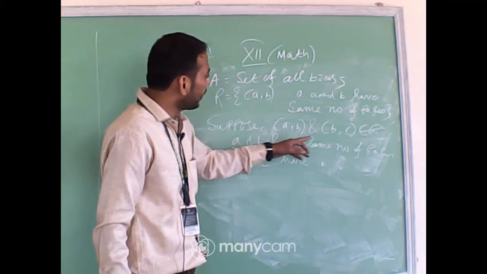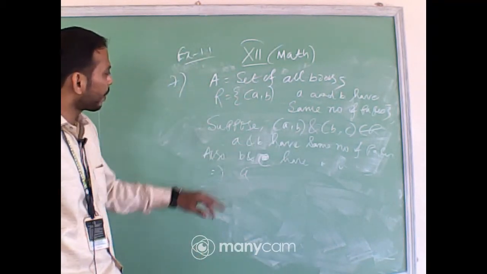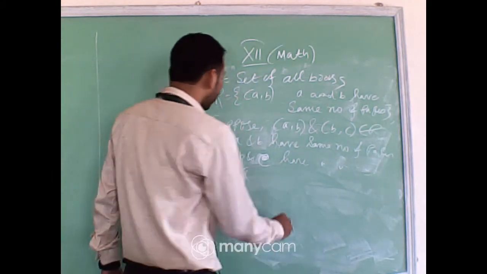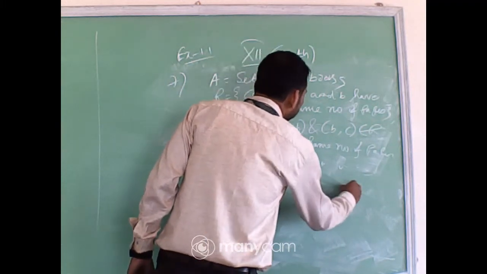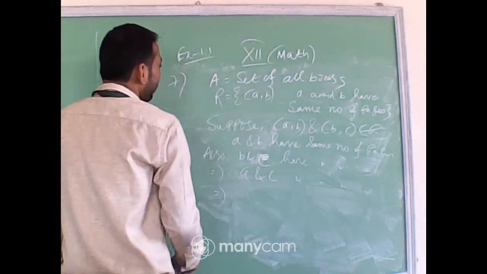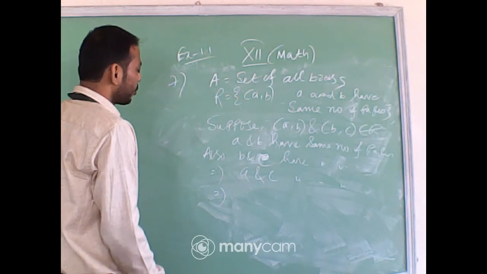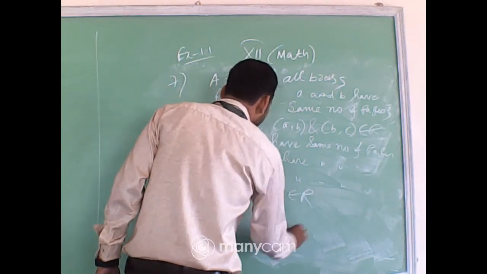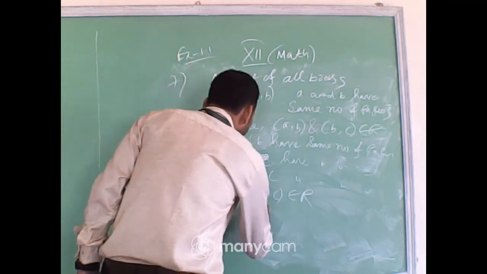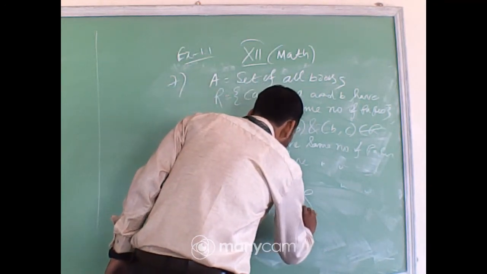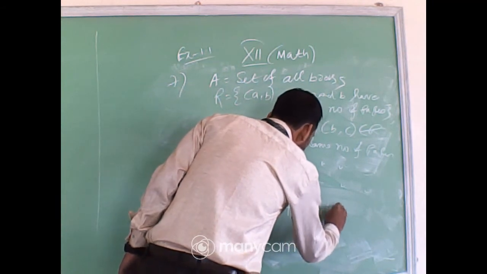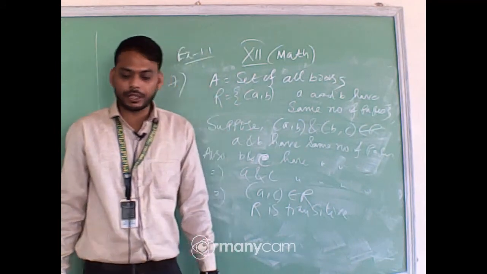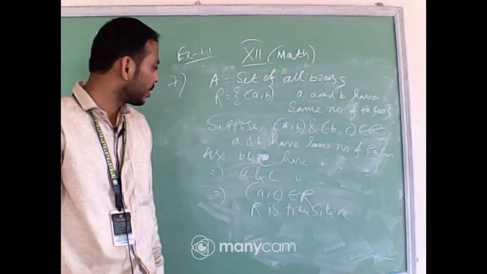We have taken here (a, b) and (b, c). So combining these two, we can write here a and c have the same number of pages. So taking (a, b) and (b, c) belonging to R, we get (a, c) also belongs to R. Therefore R is transitive. So R is reflexive as well as symmetric and transitive.